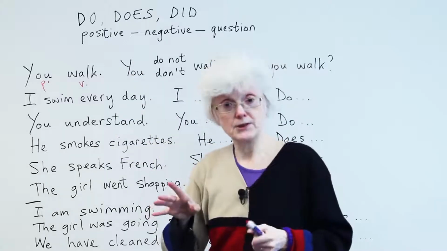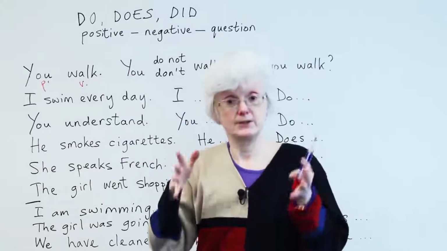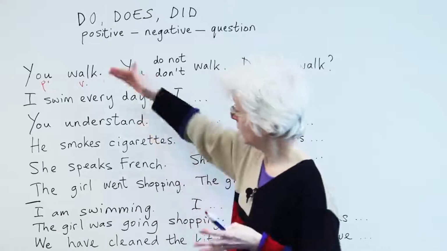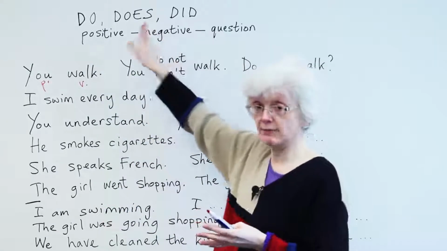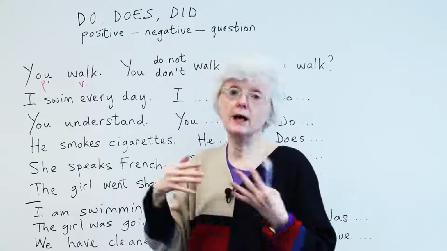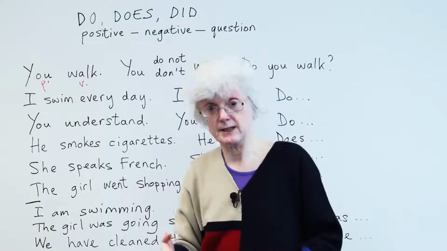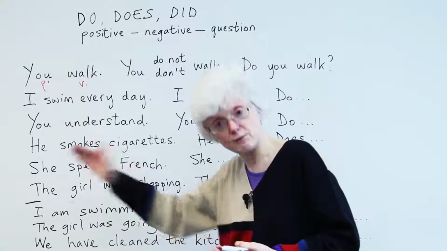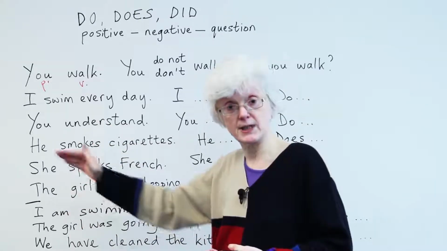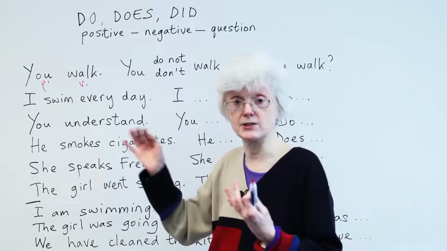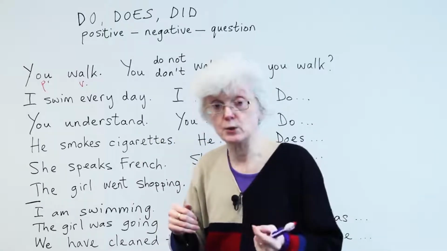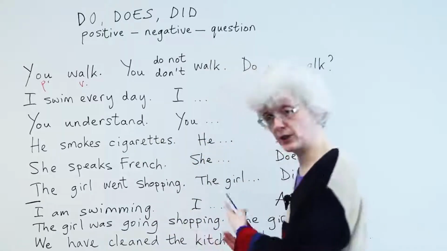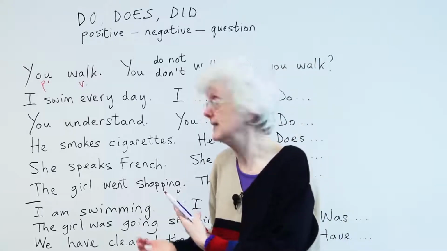But what happens, now this is in the present tense, is that in some tenses you have to use do, but in other tenses you don't need it. So we're going to see the different types of sentence with different tenses to show when to use it and when not to use it, and also how to use it, okay?